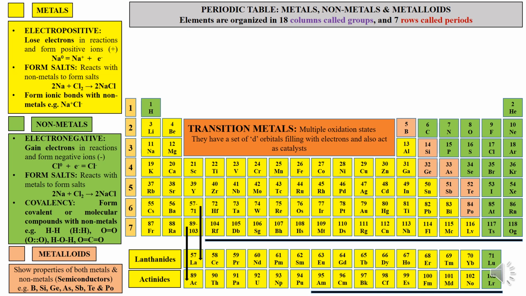Now elements in the periodic table are also organized in 18 columns called groups. As per the IUPAC system of nomenclature, these 18 columns called groups are numbered from 1 to 18.